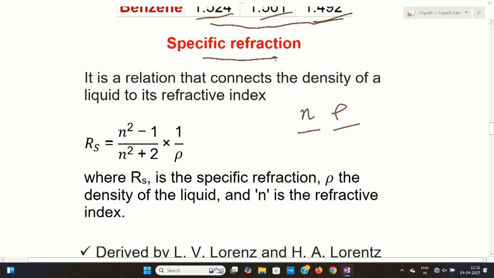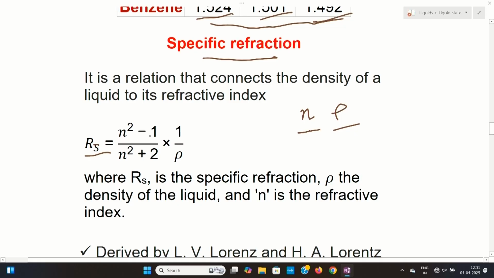This specific refraction is denoted by Rs, where R is a capital letter and s is the suffix.